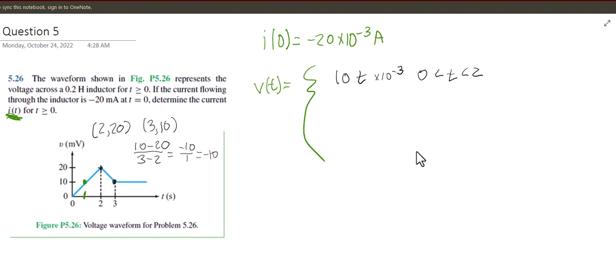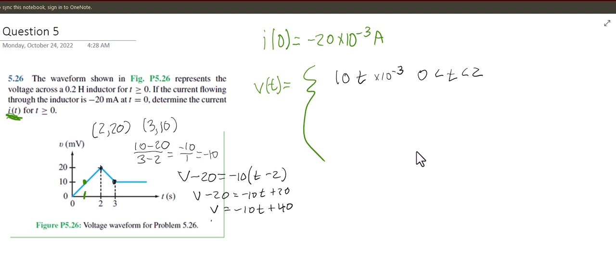So that's our slope. And then to get the equation of our line, we'll use the point slope form. So we'll pick one of these 2 points. I'll use the first one. V minus 20 equals negative 10 times (t minus 2). V minus 20 equals negative 10t plus 20. V equals negative 10t plus 40.